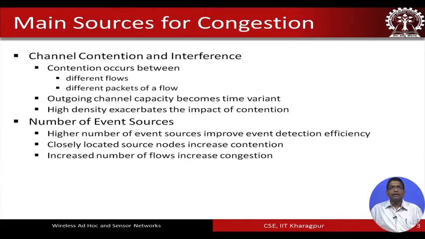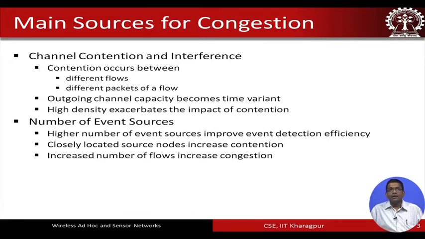Second thing is the number of event sources. In sensor networks we have a large number of event sources, unlike most other types of networks, not even ad hoc networks. In sensor networks, an event is detected by multiple source nodes, and that is intentionally done to improve the overall detection efficiency.